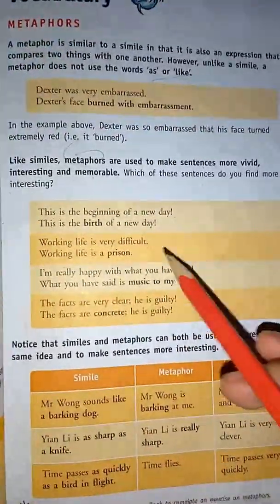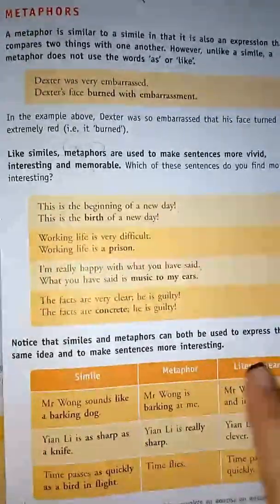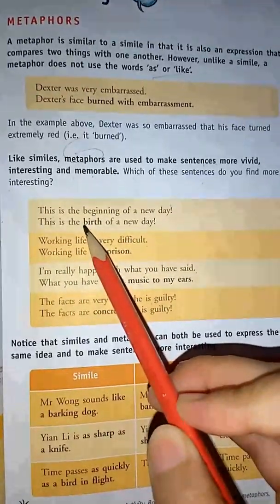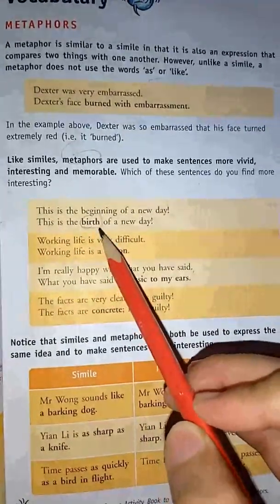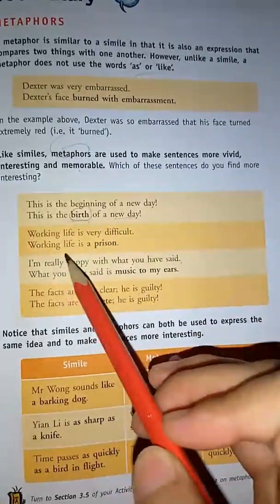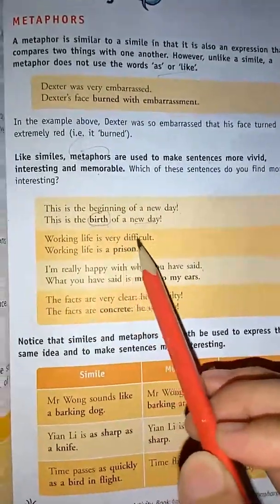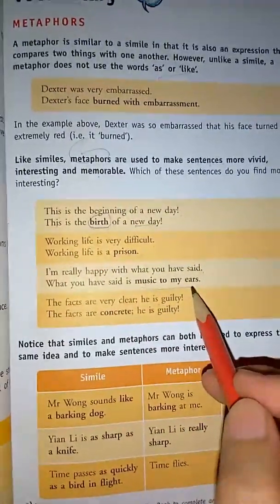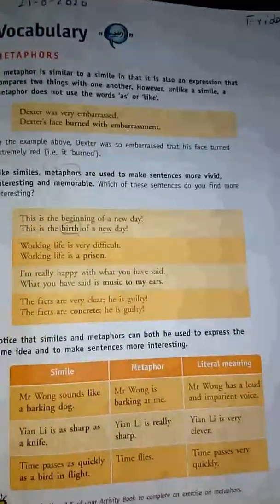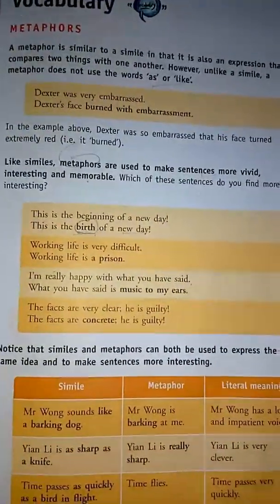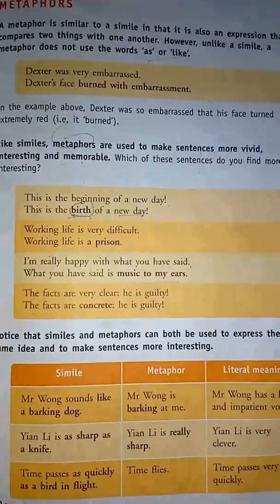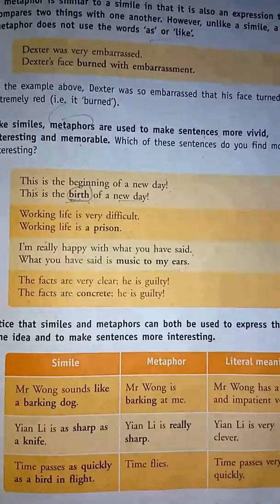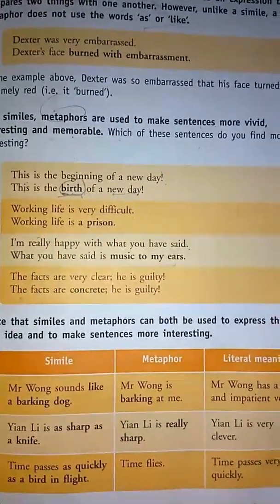As you can see in the second sentences, they are comparing one thing to another thing. They are comparing the new day with birth, or difficult with the prison, कैद. Music to my ears means that the music is so good to listen to, it soothes your ears. So they have compared it with that. Then clear they have compared with concrete, because concrete things are very clear. ठीक है.